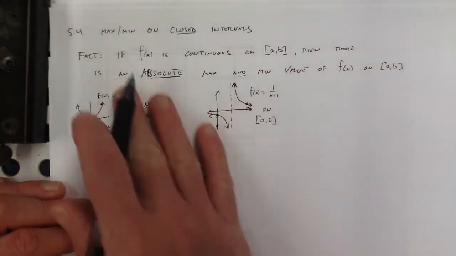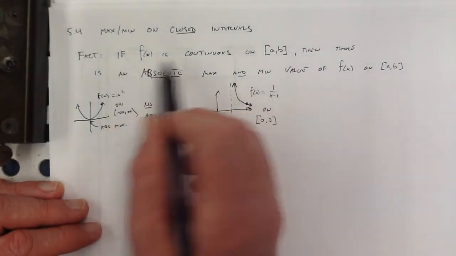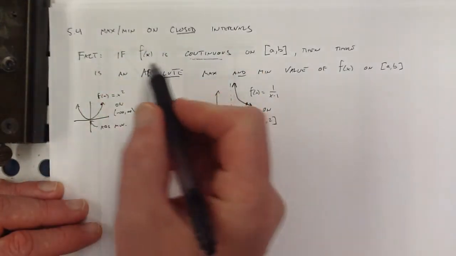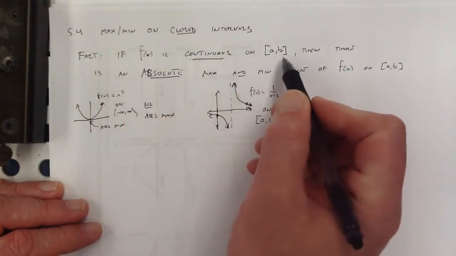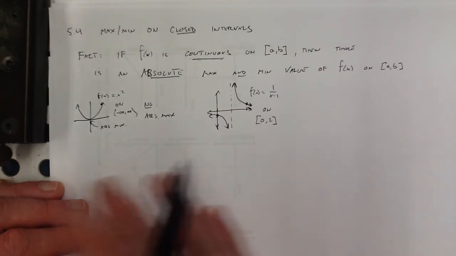So that just gives you an idea why this has to be true, why it's only guaranteed to be true, I should say, if f of x is continuous on that closed interval. And here's the deal. There's nothing difficult about this.